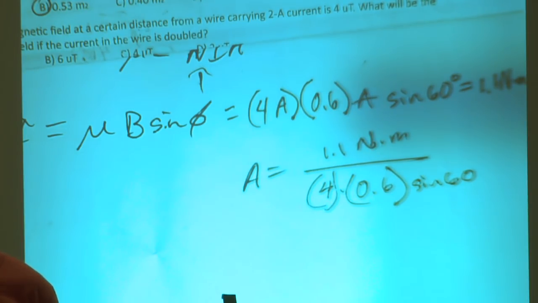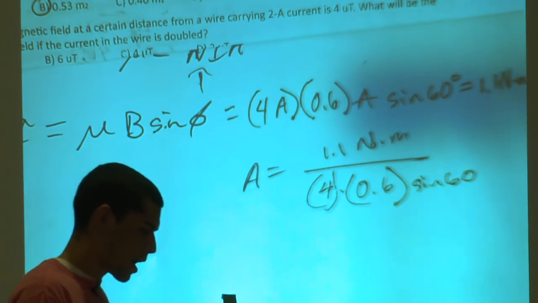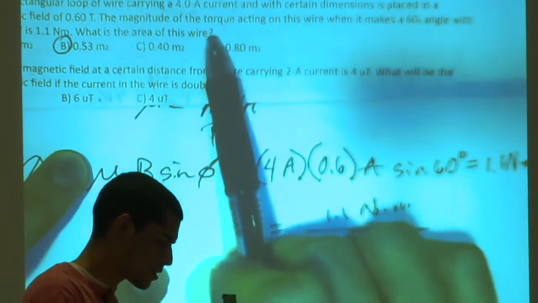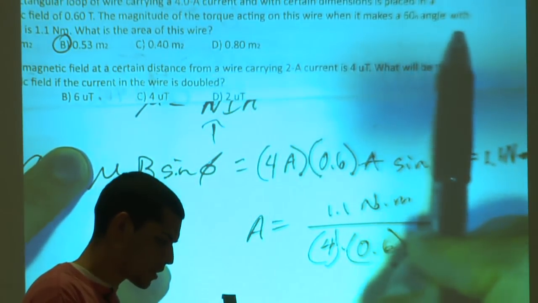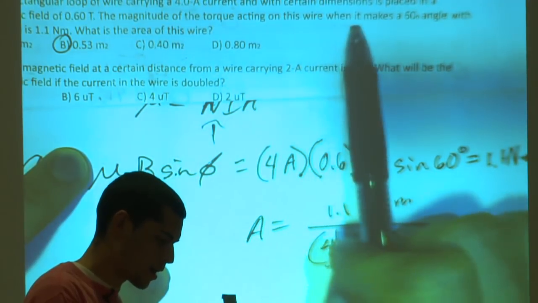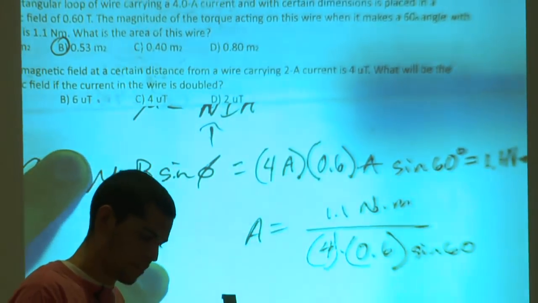Cool. Thank you, Hunter. Question. I know that for some problems we use the other angle, so in this case it would be sine of 30. Can you explain again why it is sine of 60? Actually here it's a little ambiguous, because it says when it makes a 60-degree angle with the field.